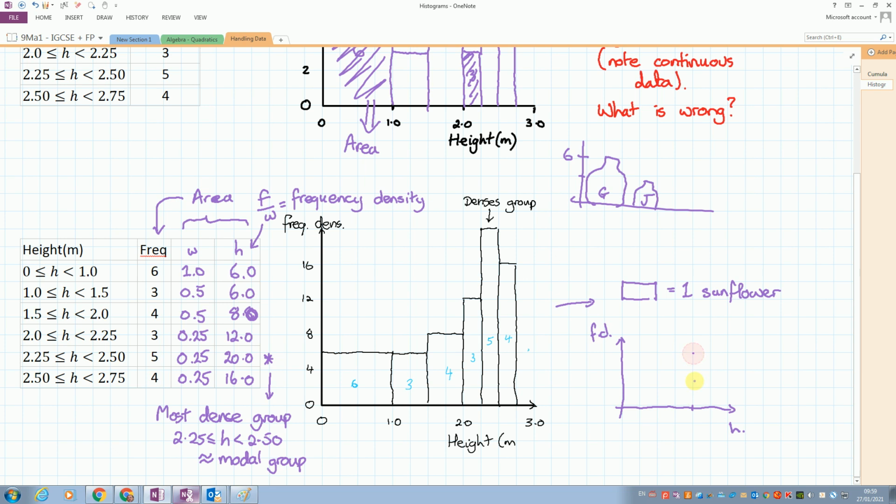Have you ever heard of a bell curve where there's some value in the middle and then it falls away either side? Yes. You should see that with a lot of natural processes and lots of measurements of supposedly the same thing. And we've actually got the bell curve here in some way where it comes up to one value and then disappears. They can be skewed. This is a skewed one. But what we should find is the densest group.